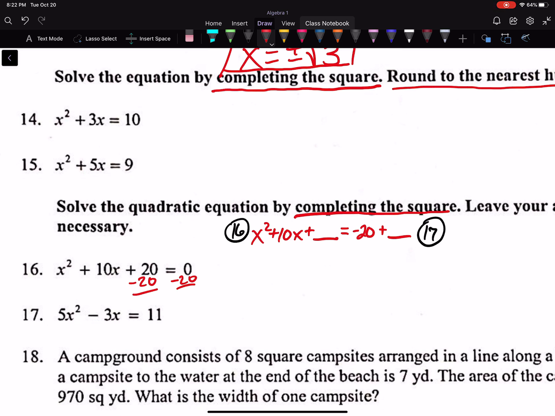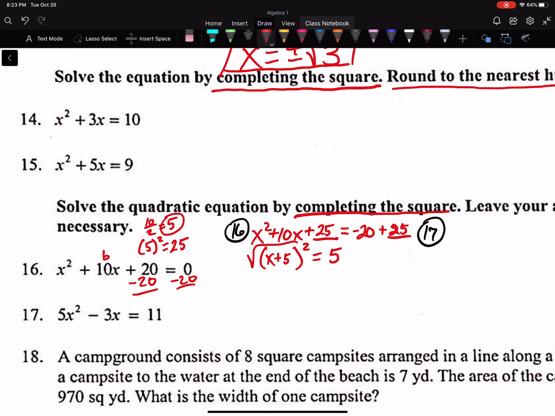Alright, we got 10. 10 is my b, so I'm going to do b divided by 2. So 10 divided by 2 is 5. And then we square that. 5 squared is 25. So I'm going to add 25 to both sides. And this will be x. Remember, it's what you get when you divide it by 2. So the 5 is what goes in the parentheses, equals negative 20 plus 25 is 5.